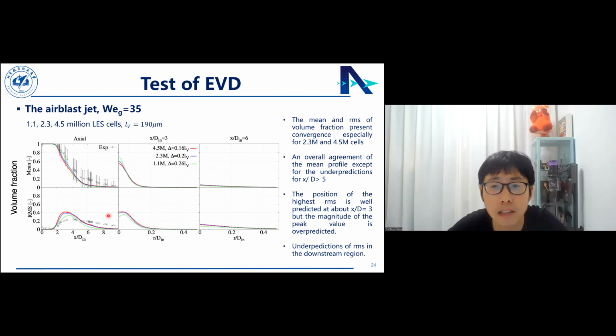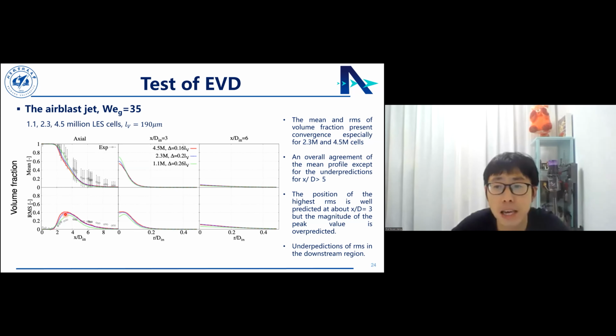For the RMS value, the big value is at about 3 to 4 diameters downstream, and it can be captured well by the model. But our model gives a bit high RMS value compared with the experimental data, and an under-prediction of the RMS downstream. But even for the RMS, we see a good convergence.